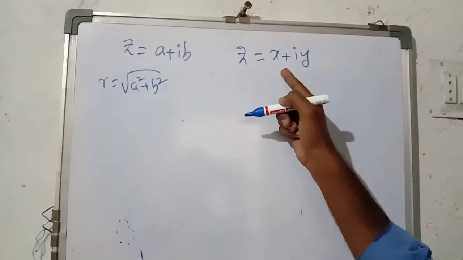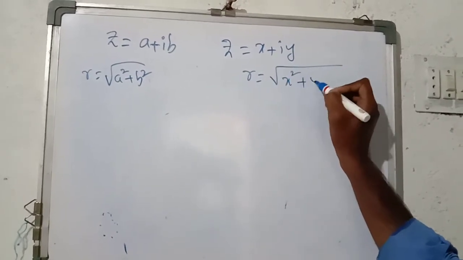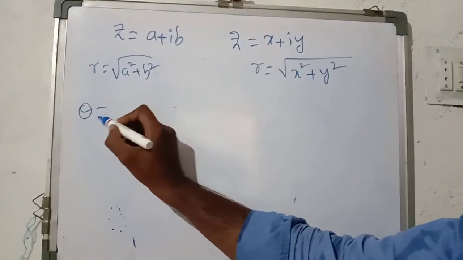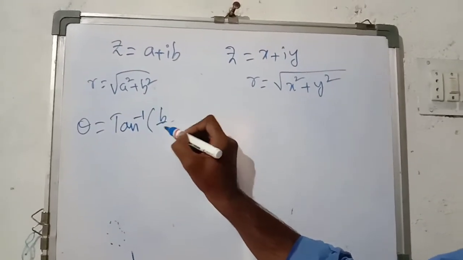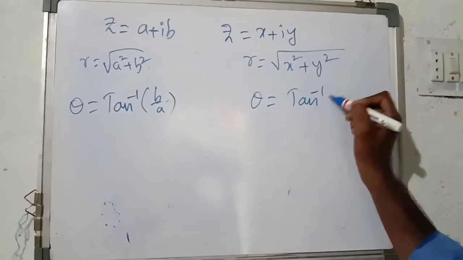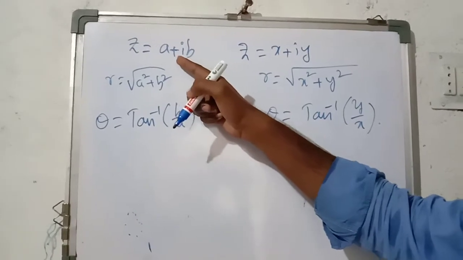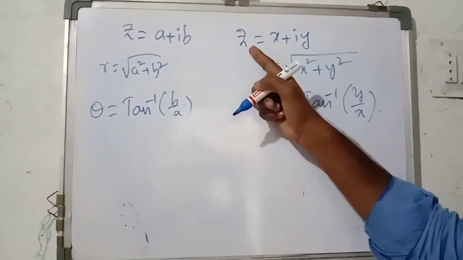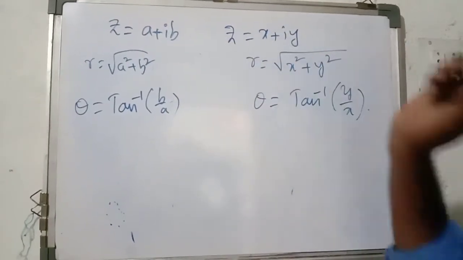If it is in the form z equals x plus iy, r becomes under root of x square plus y square. Theta, the argument, is tan inverse of b by a, which becomes tan inverse of y by x. Both are the same.